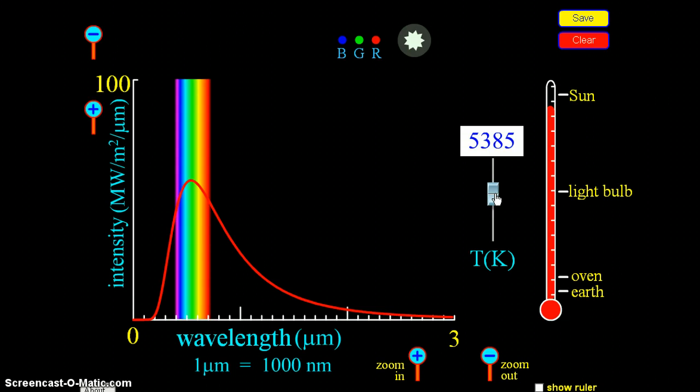The concept of blackbody materials occurs in 3 units of the IB physics curriculum. That's in the nuclear physics and quantum physics unit, the climate change unit, and the optional unit of astrophysics.